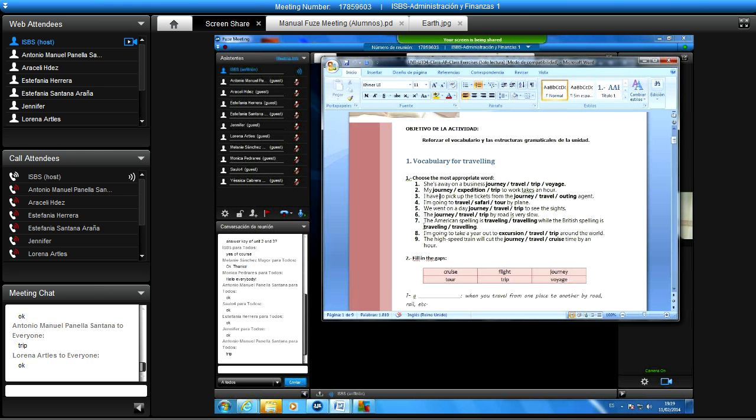Number six. The journey by road is very slow. Good. Seven, maybe, I don't know if you know about that. The American spelling is slow traveling, one or double L? One L in American English, while the British spelling is traveling with double L. American English always tries to be less complex in terms of rules.